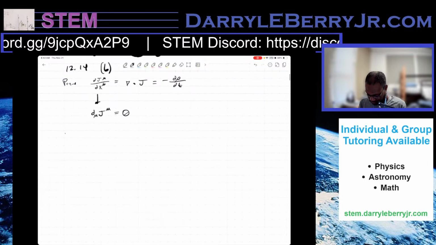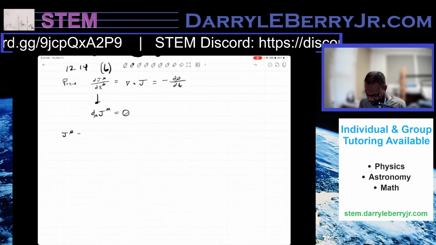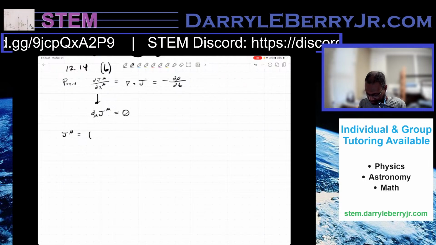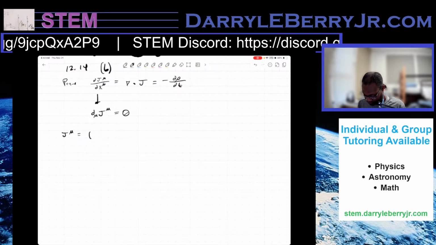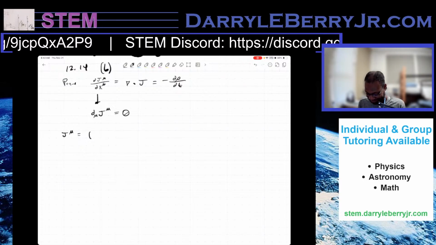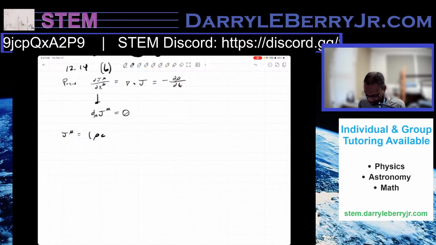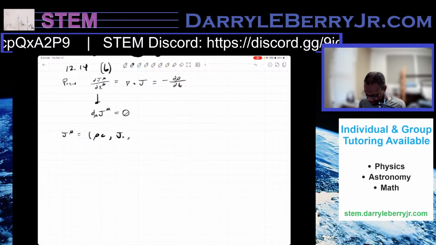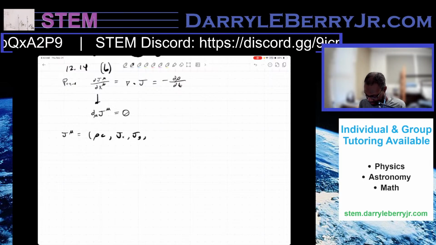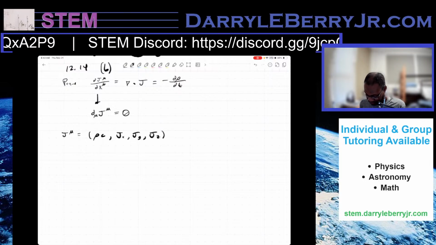And J mu would be the 4 vector of the current density, which is density times c, Jx, Jy, and Jz.